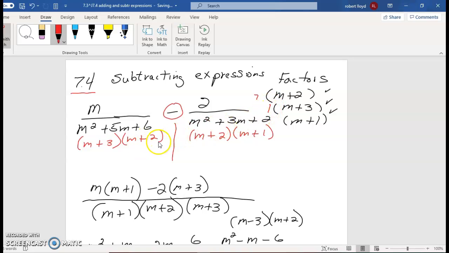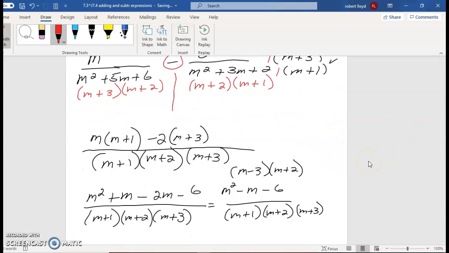How about the m plus 2's? There's 1 in this one and 1 in this one, so the most in either one of them is 1. And the most m plus 1's, well, there's only 1 in this one, none in this one, so the most in either one of them is 1. So then our common denominator is 1 of each, all multiplied together.